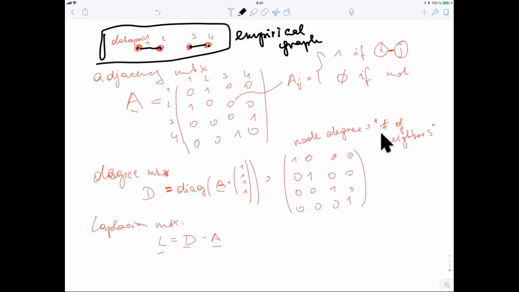One is called the adjacency matrix. The adjacency matrix is, in the simplest case, taking values only 0 and 1.